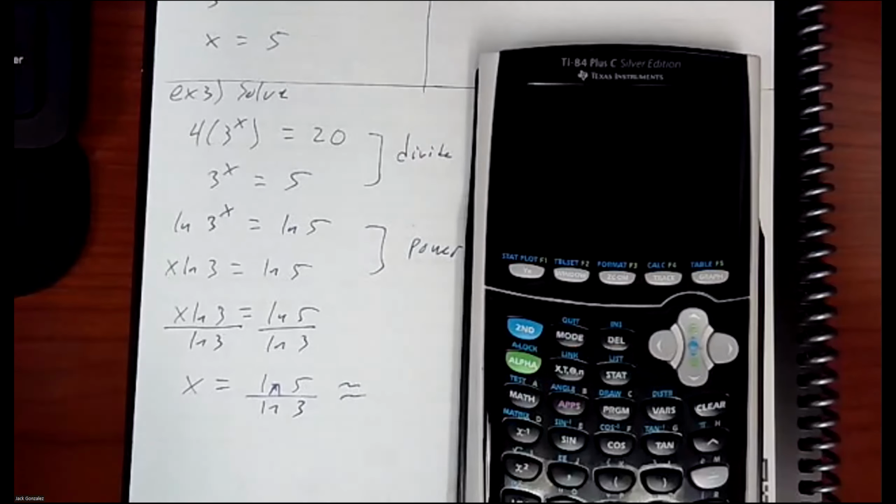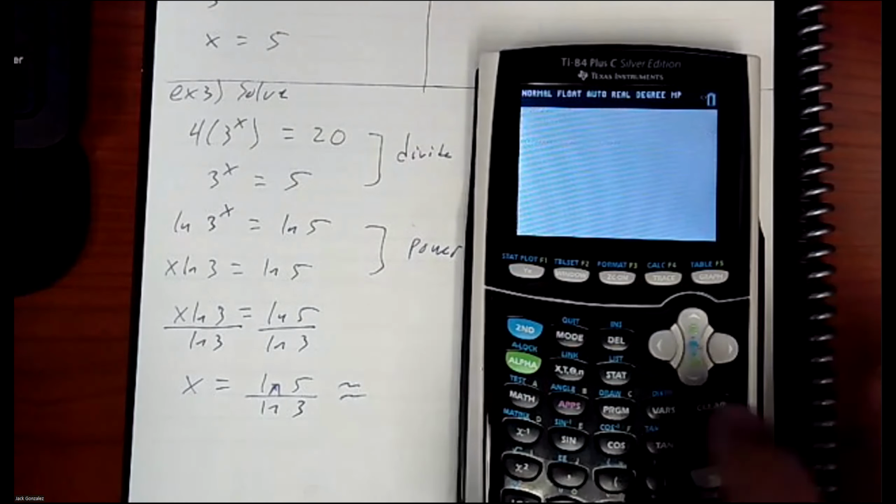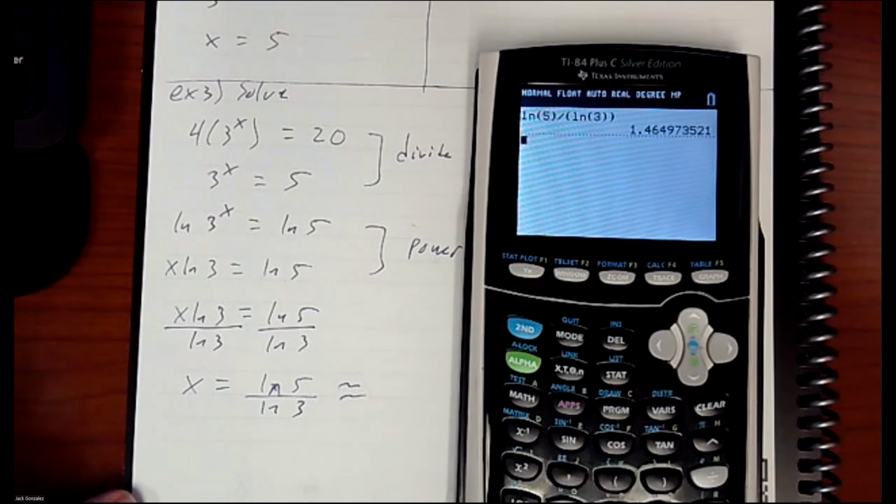This time they want us to find out what that is. So that will be ln5 divided by ln3. So 1.465.